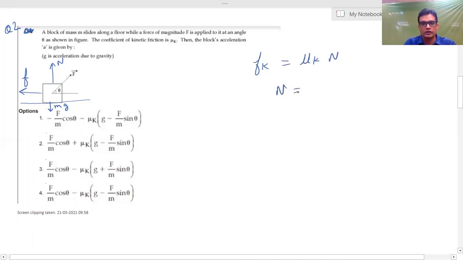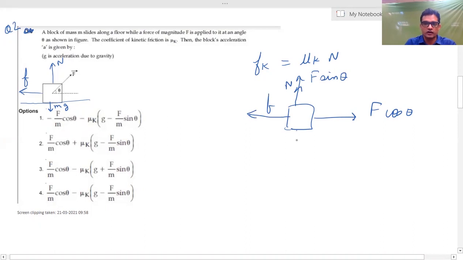Here N is equal to, now first we have to resolve the forces. So this is coming out to be F cos theta, this is F sin theta, one normal force. Here we have taken friction, and one gravitational force which is mg.